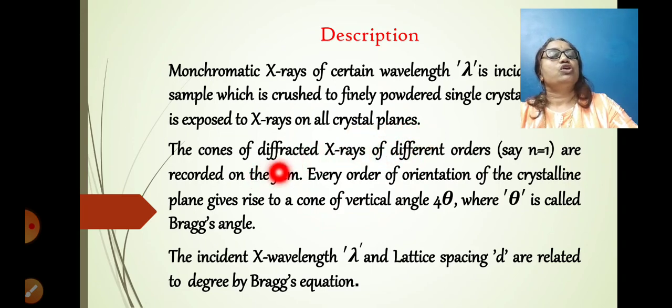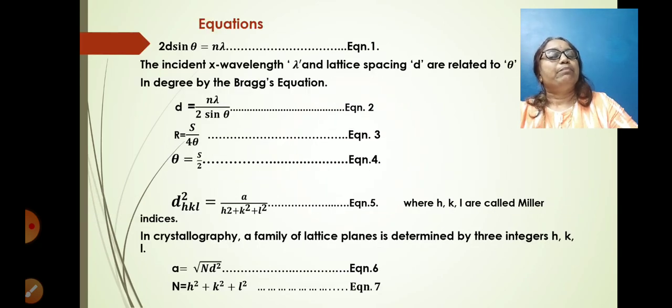The cones of the diffracted X-rays of different orders, say n is equal to 1, are recorded on the film. Every order of orientation of the crystalline plane gives rise to a cone of vertical angle 4 theta, where theta is called the Bragg's angle, where lambda and the lattice spacing d are related by Bragg's equation.